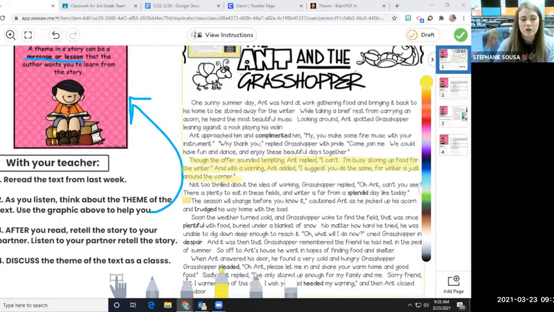Soon the weather turned cold, and Grasshopper woke to find that the field was once plentiful with food, was now buried under a blanket of snow. No matter how hard he tried, he was unable to dig down deep enough to reach it. "Oh, what will I do now?" cried Grasshopper in despair. It was then that Grasshopper remembered the friend he had met in the peak of summer, and so off to Ant's house he went in hopes of finding food and shelter.